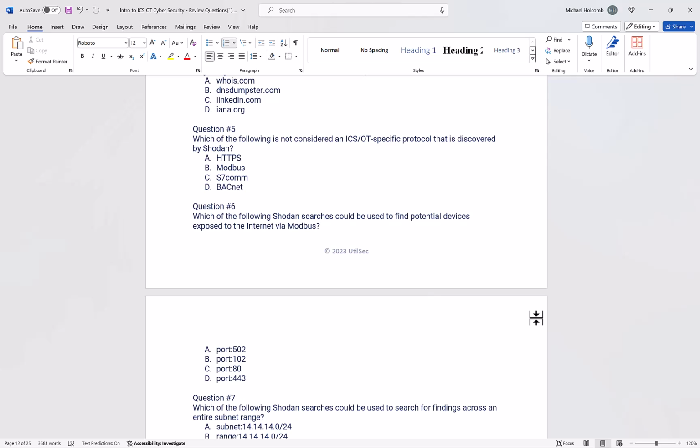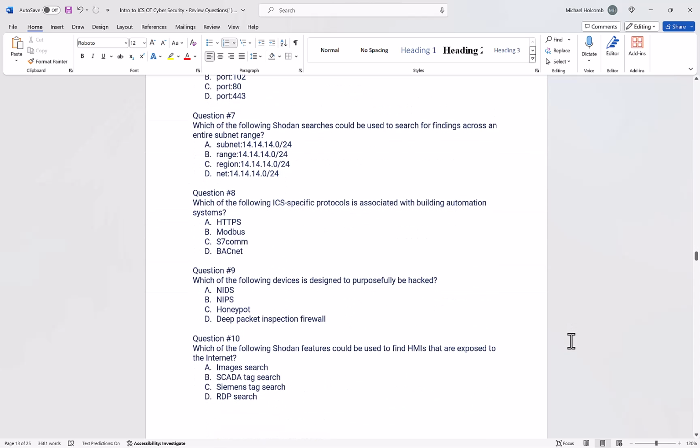There are a lot of assets out there, more often than not, where it's not Modbus on that port. The port's just open for something else. So you have to look deeper to see, is this really Modbus or not? That's why we had other searches to help us find what's really running Modbus. But yeah, port 502, right? TCP 502 is the port associated by default with Modbus. That's what we're really asking there. All right, question 7.